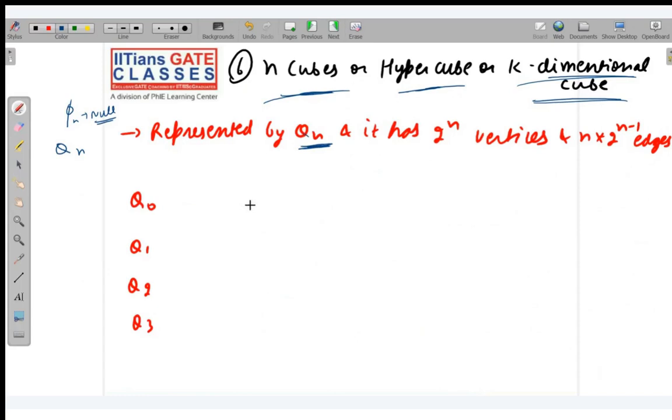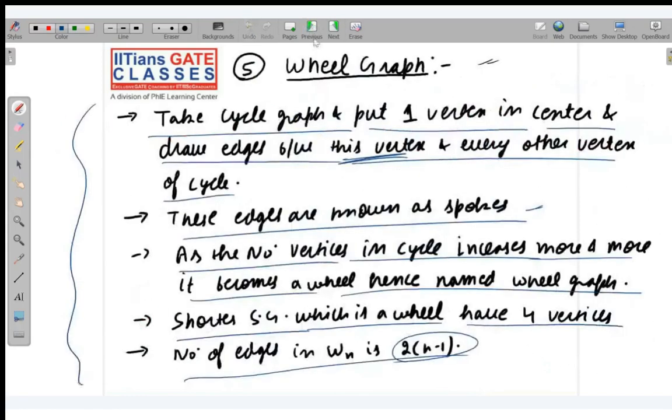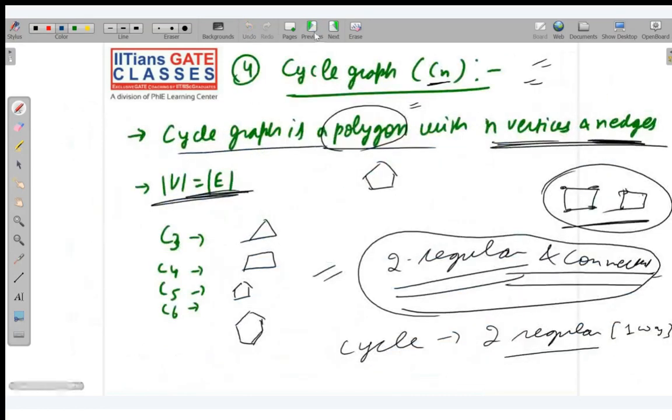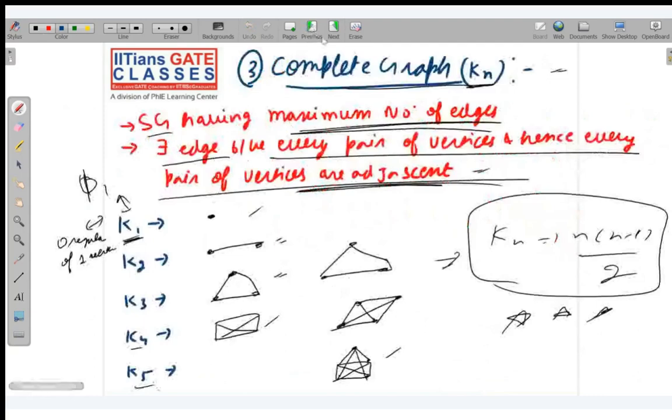Okay, first thing is, see, everywhere Wn, we will write it like this, Wn, and here n was the number of vertices. So everywhere n was representing vertices. In the previous slide, see cycle graph Cn. N was what? Number of vertices, C4, C3, and so on. And here Kn, n was the number of vertices.